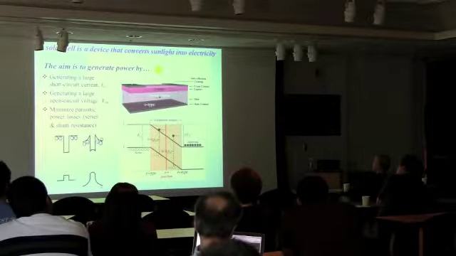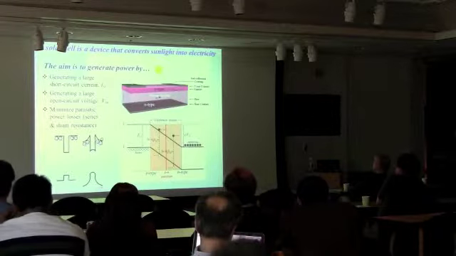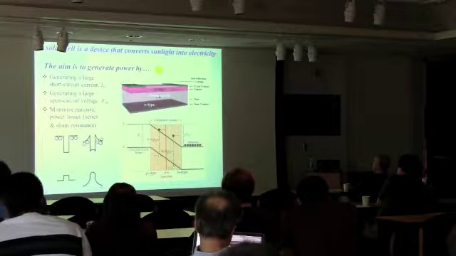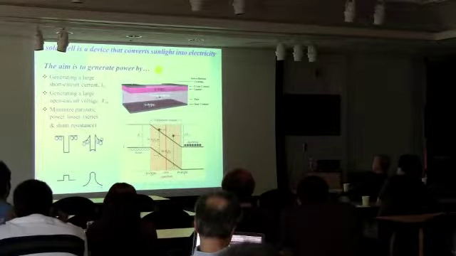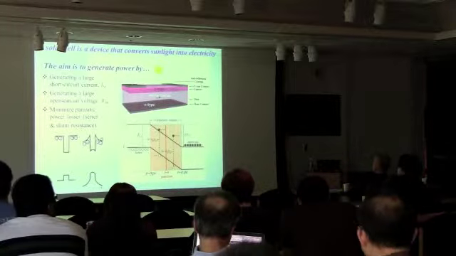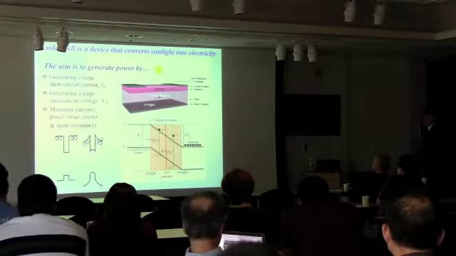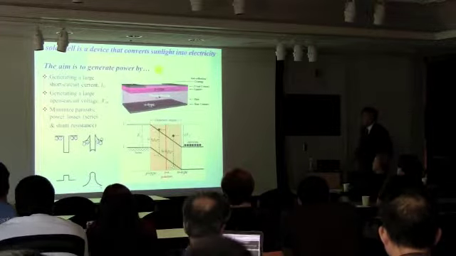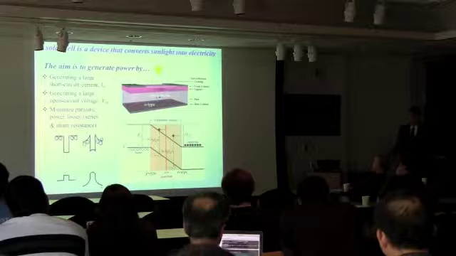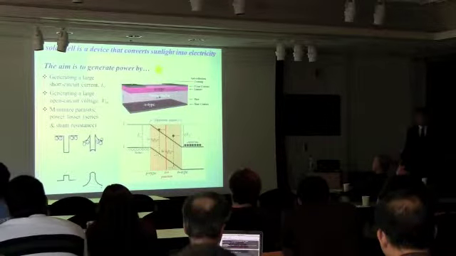You have light coming, current going through the circuit, but what is now necessary? You want this detector to respond to all frequencies. You want to absorb all light that is coming from the sun. But to have a solar cell, what is regularly used is a so-called p-n junction.